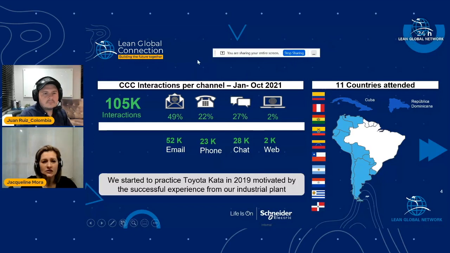And we have an omni-channel structure: email, phone, chat, web, and other digital platforms, in order to get the best customer experience to our market. We support 11 countries, Spanish-speaking countries from South America and the Caribbean.